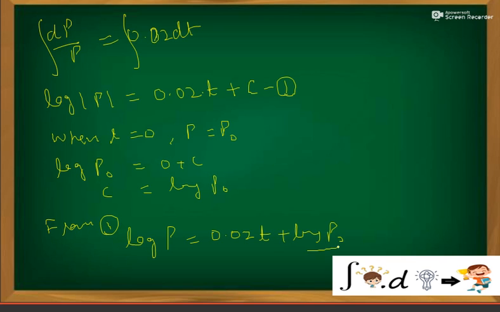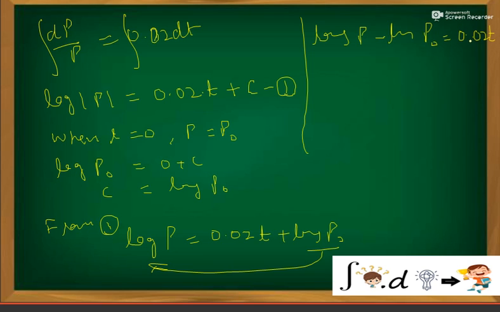And now this log P naught we have to take on this side, and therefore it becomes log P minus log P naught is equal to 0.02 t.